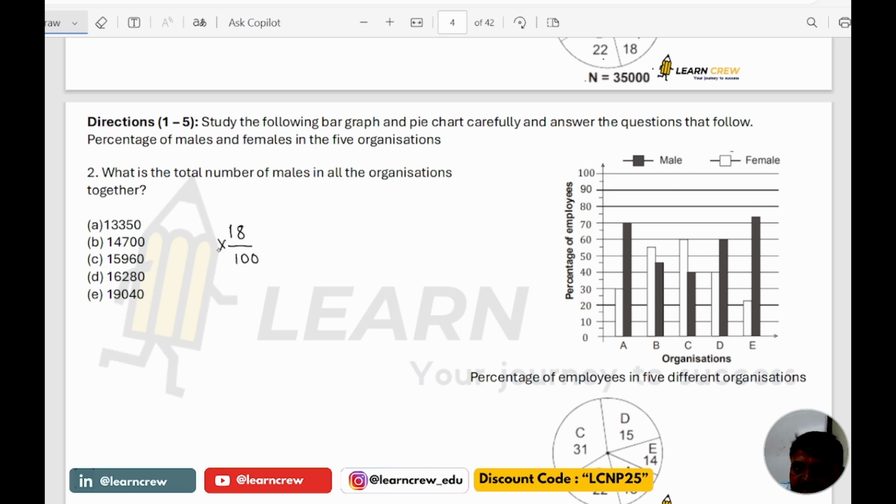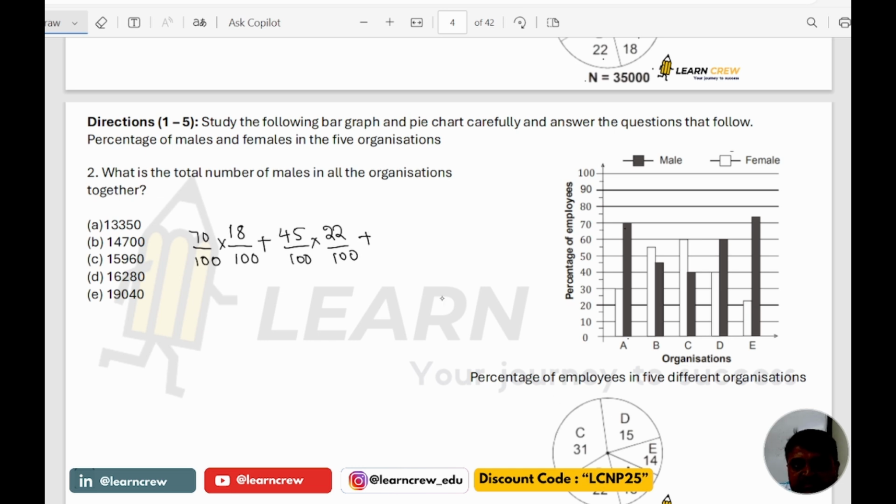In that, how many are males? 70%. 70% of 18% are males. And in organization B, how many are males? 45%. B is 22%. So 45% of 22% of 35,000 are males.